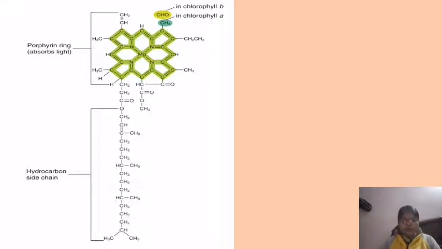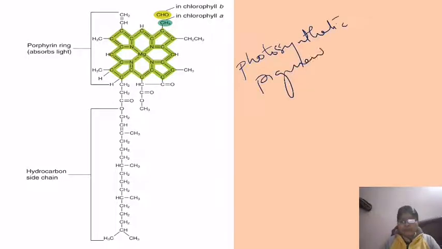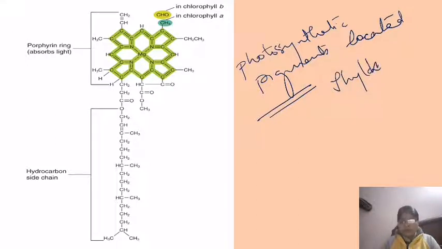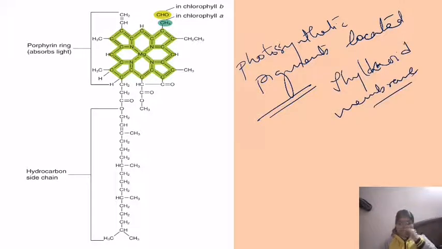Okay, so let's move on further and let's see. You know that this is the chlorophyll molecule. Now where are your photosynthetic pigments located? They are basically located in your thylakoid membrane.